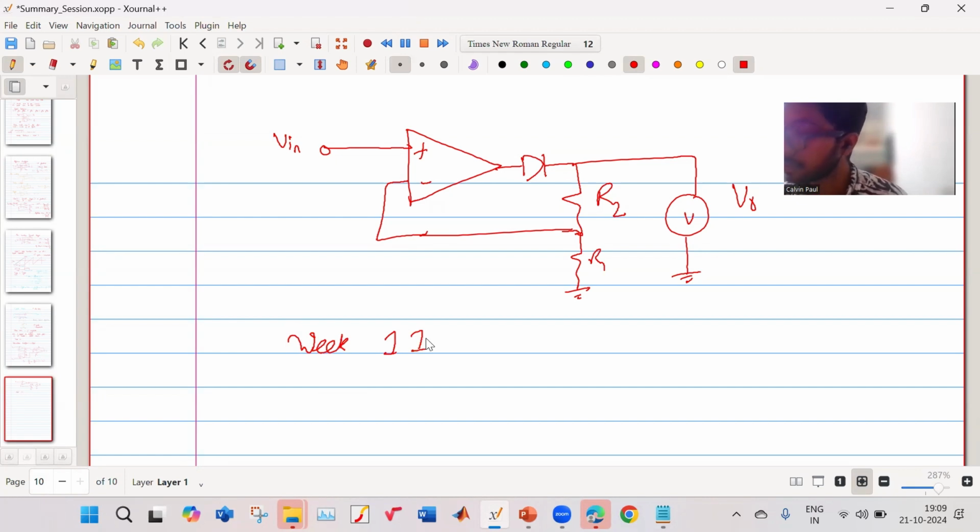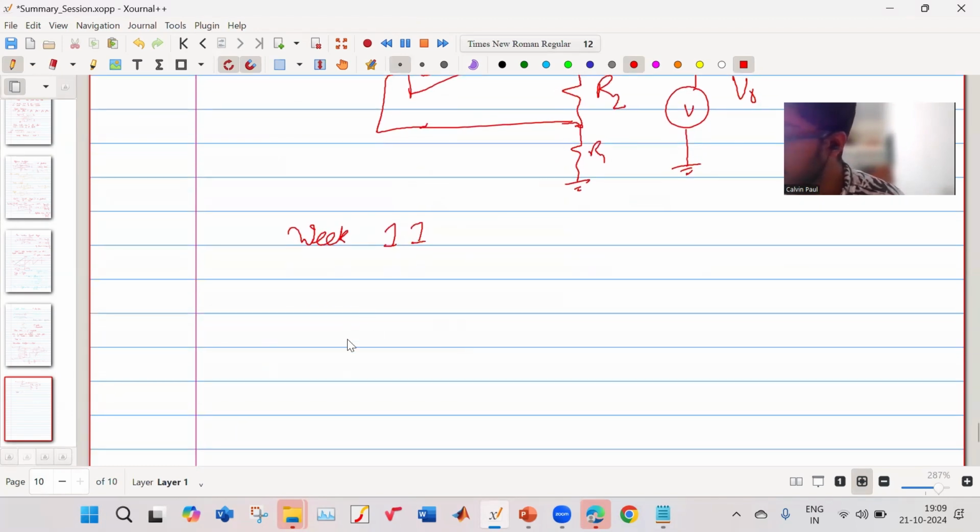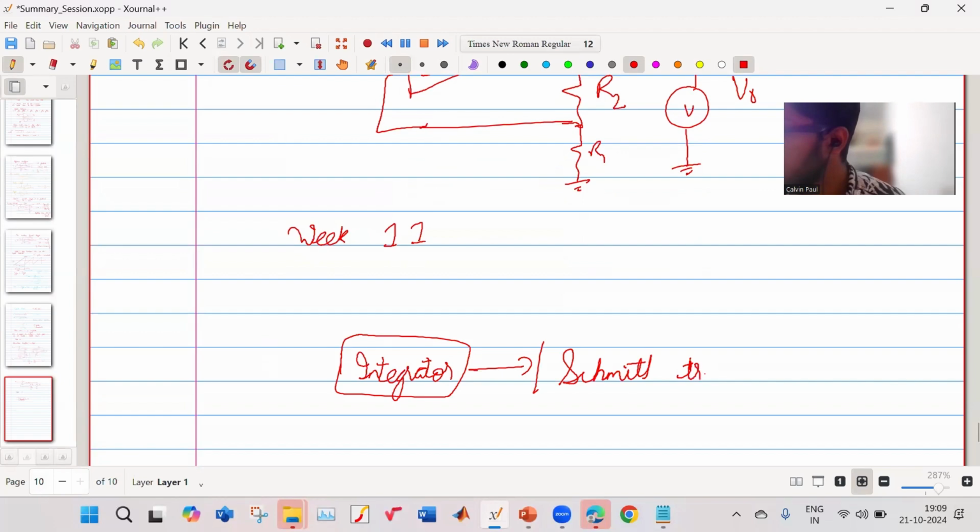In week 11, we will see a combination: you have an integrator and what is known as a Schmitt trigger. Both of these are present.